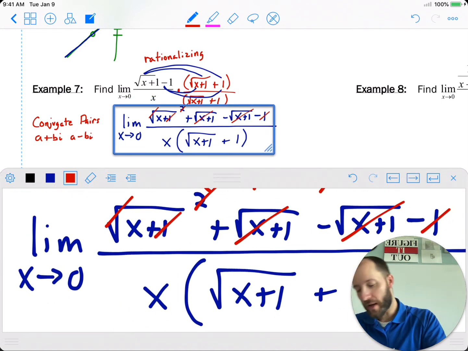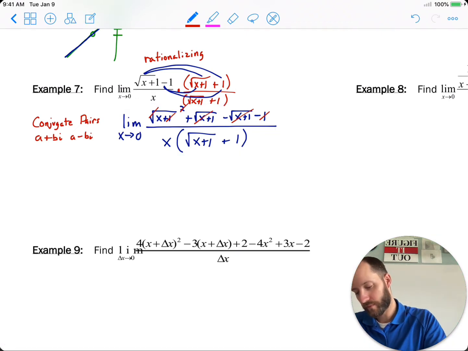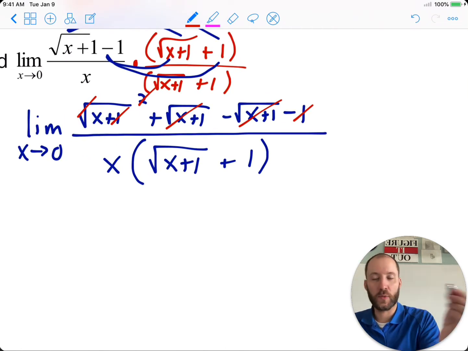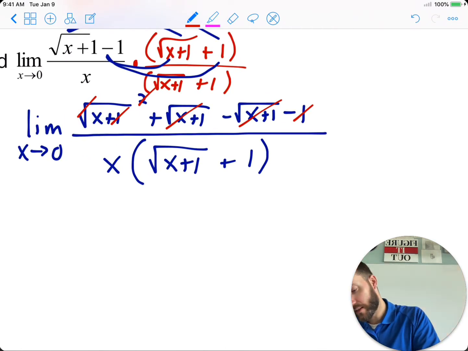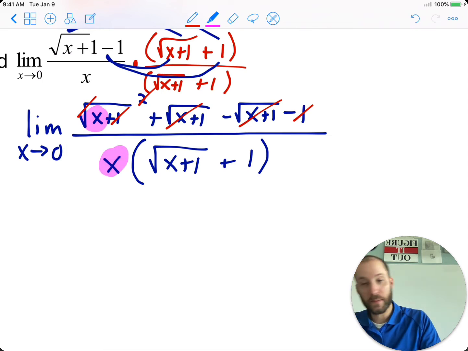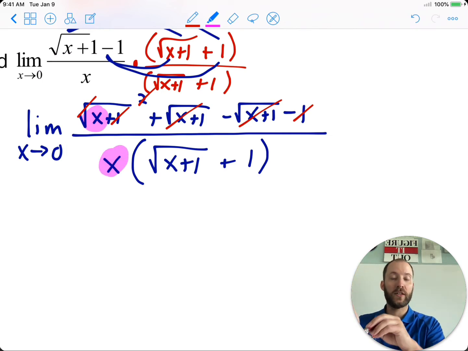So all you have left in the top is just that one solitary x. But hey, look at the bottom. There's an x in the bottom that I didn't distribute.